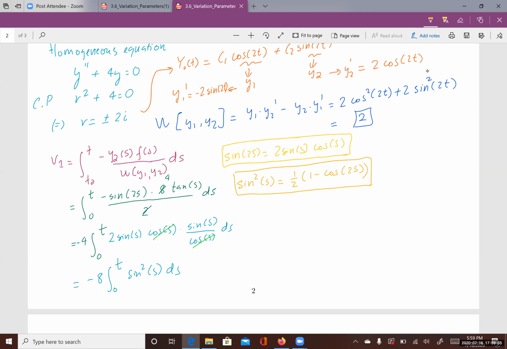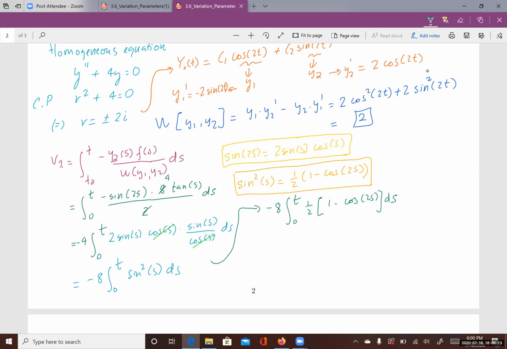So using this trig identity, I will try to find v1: -8 integral from 0 to t of 1/2 times (1 minus cosine of 2s) ds.